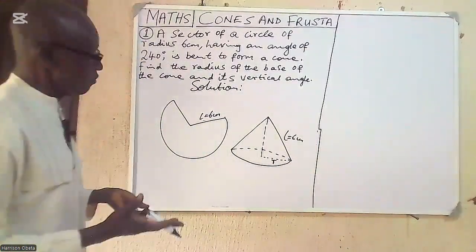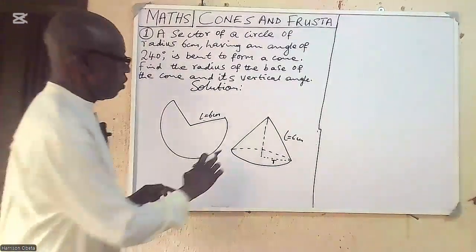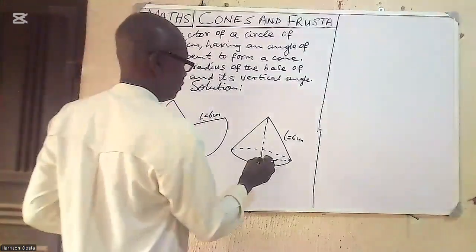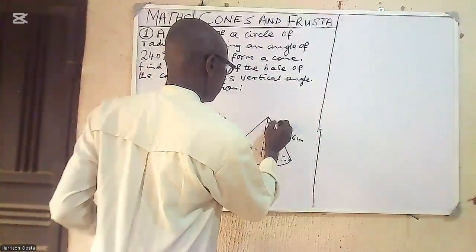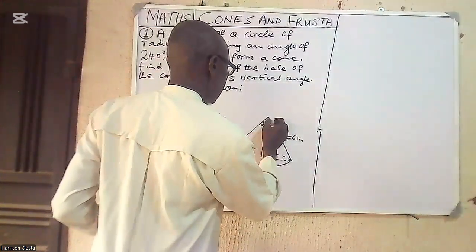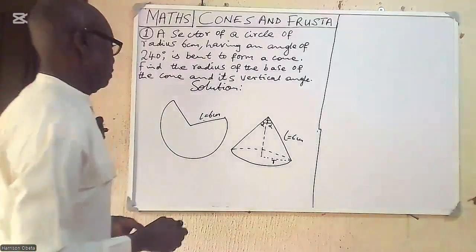As I've explained, this circular face will form the base of the cone. And then this is the height. So we are going to be looking for this angle, the whole of this angle, because I have divided this into two equal parts.